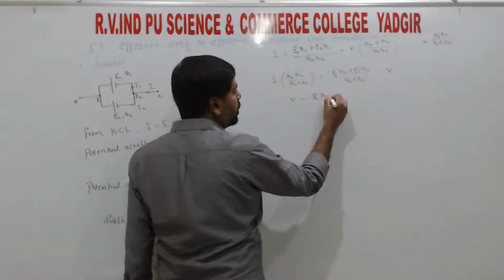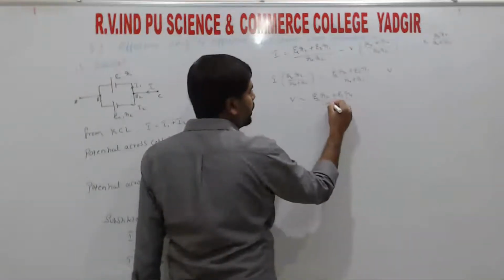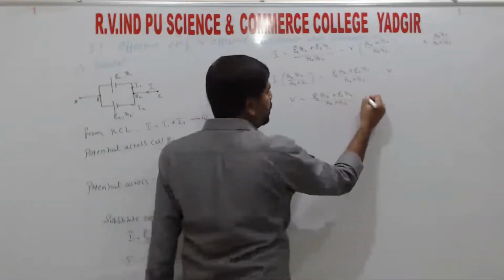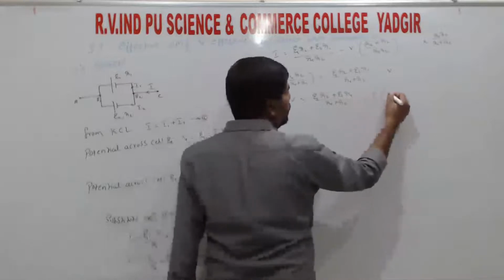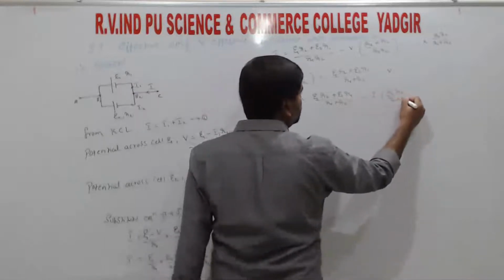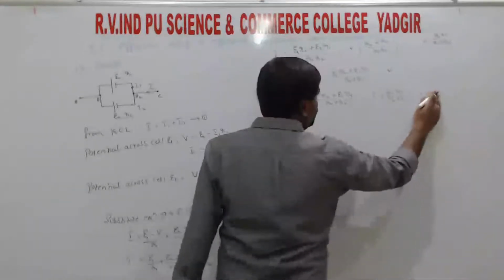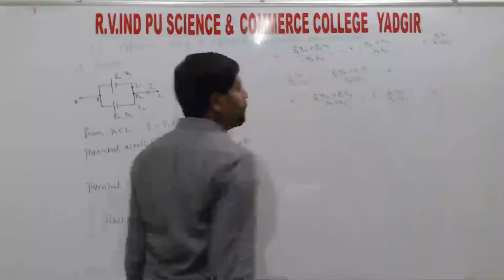So V is equal to E1 R2 plus E2 R1 divided by R1 plus R2 minus I into R1 R2 divided by R1 plus R2. Call this the fourth relation, right?